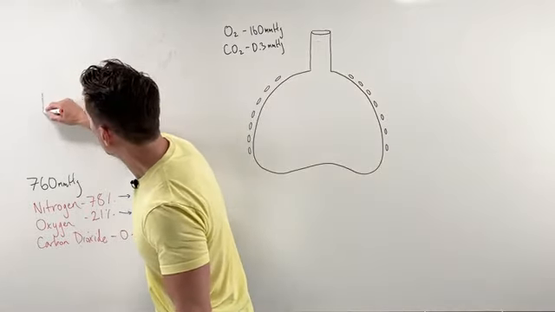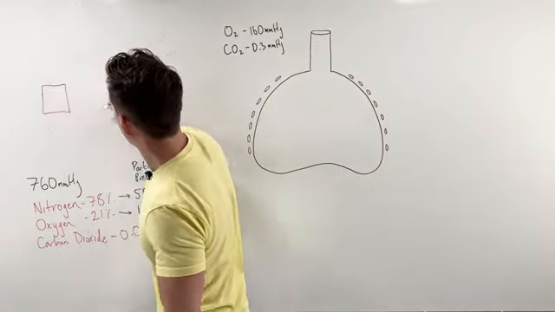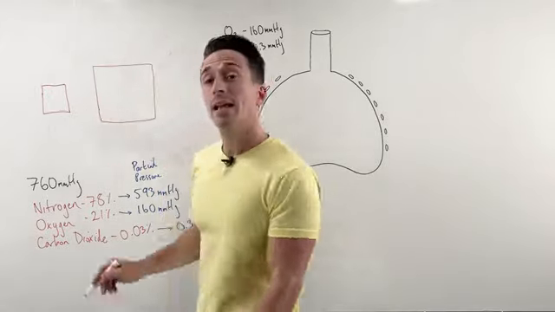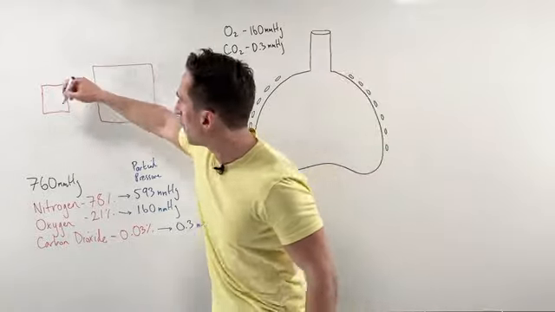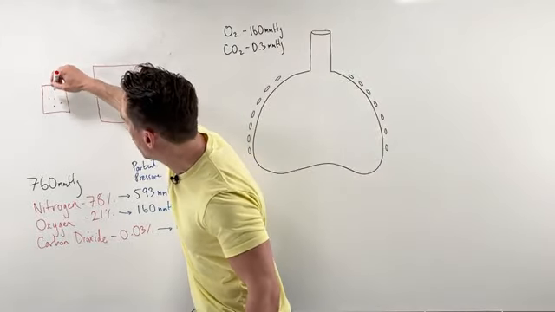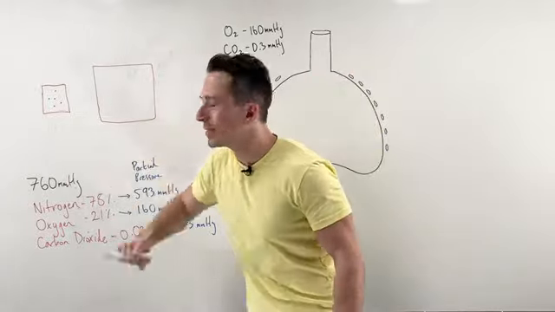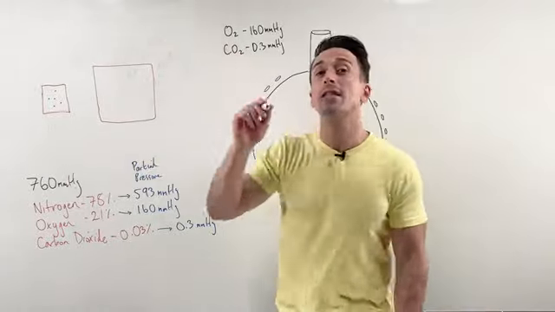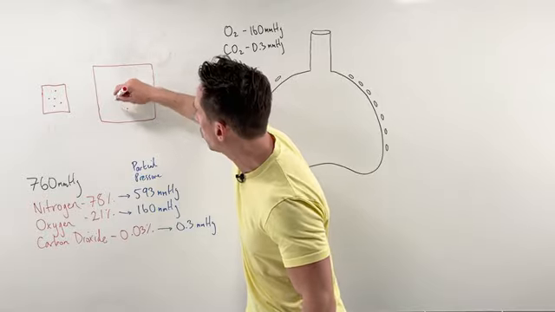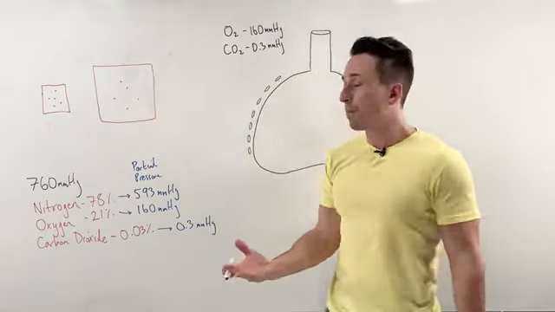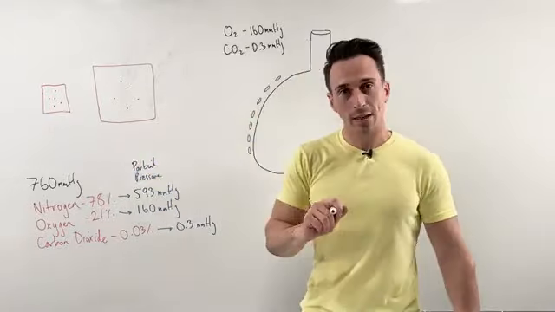I've got a small container here and a larger container here. Let's say I had five oxygen molecules present in the small container, and the same number present in this one. 1, 2, 3, 4, 5. So both have 5 oxygen molecules within each.